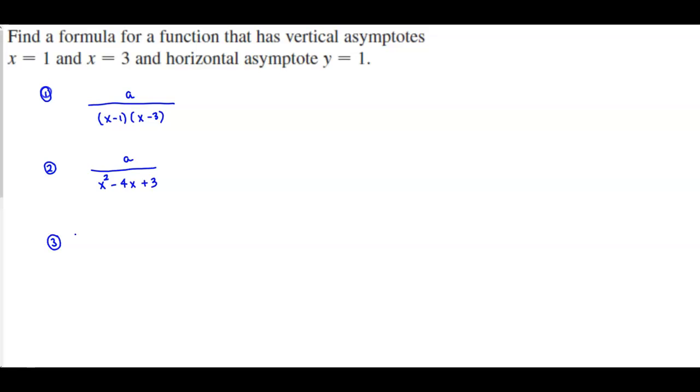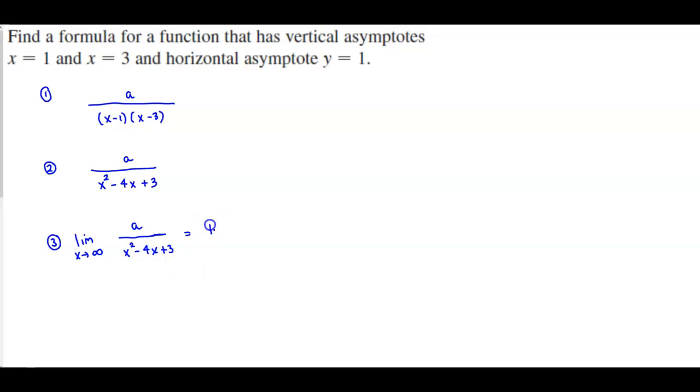So our goal is, if we wanted to take the limit as x is approaching infinity of this function, a over x squared minus 4x plus 3, well, our goal is to divide the numerator and the denominator by the highest power of what's in the denominator.